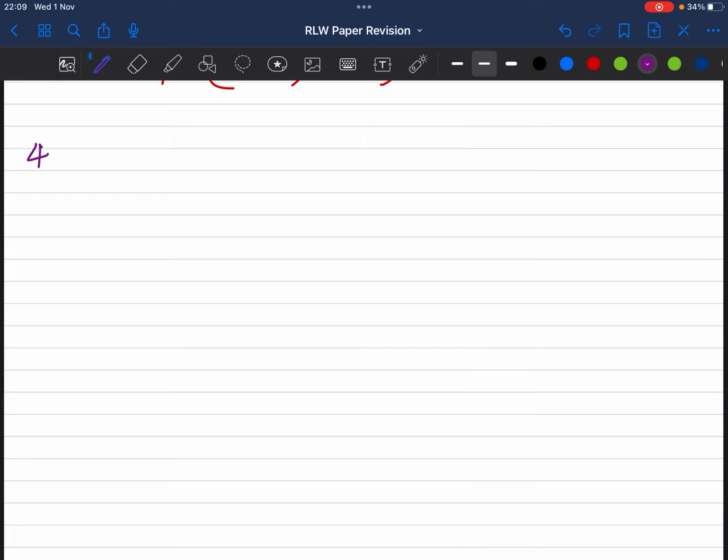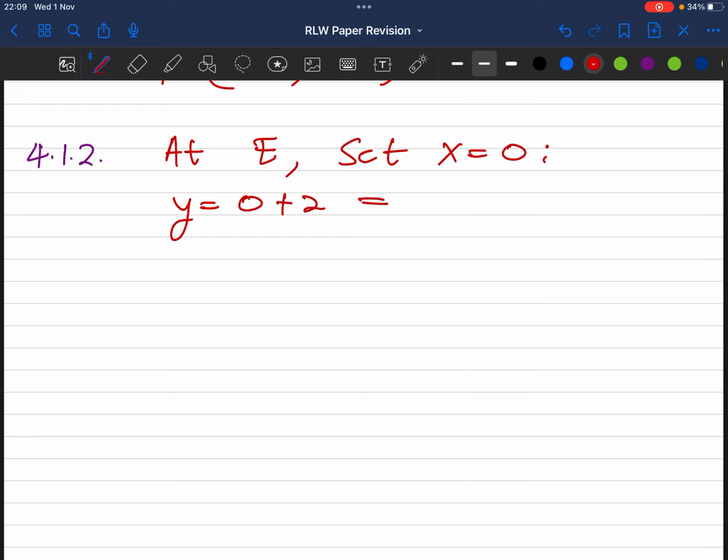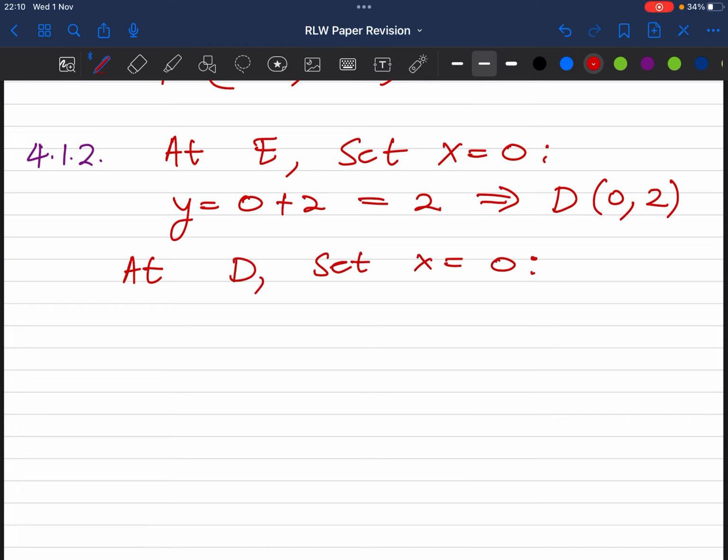Now, I'm going to write out this question nicer. Let me say 4.1.2. We see that at D, we set x to be 0, so that we will have y equals 0 plus 2, which is 2. So this implies that the coordinate of D is (0, 2). Now at E, we set x to be 0. So that's f of 0 equals negative (0 plus 7) to the power of 2 plus 25.